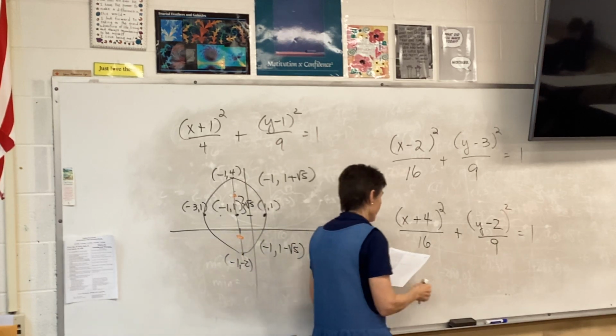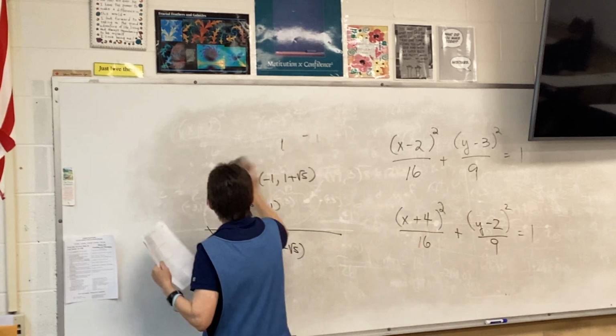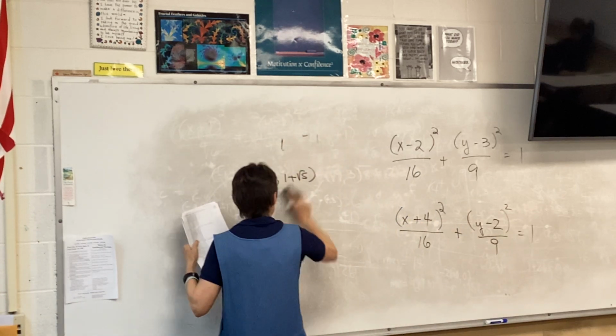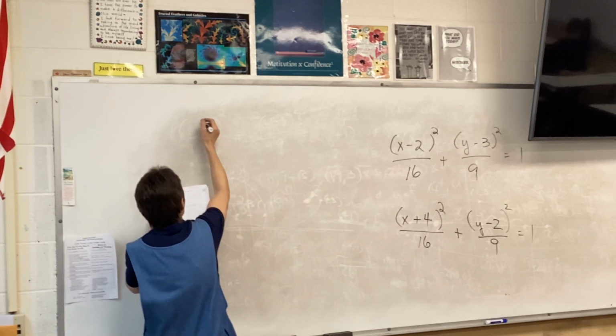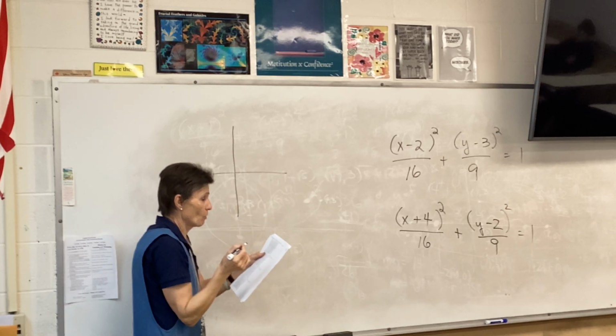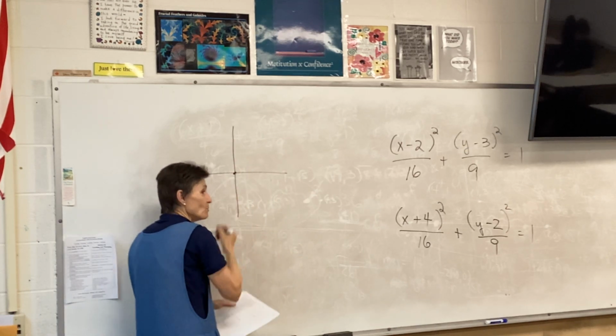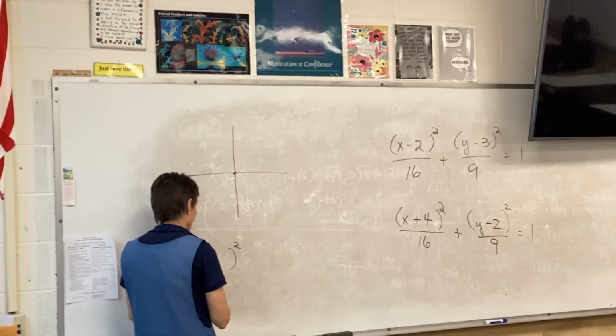Look at C. I'm going to write my own equation again, but there's no picture, although there's room for me to draw one if I wish. So I think I'm just going to start drawing. My center's at the origin. By the way, my equation's going to look like this.